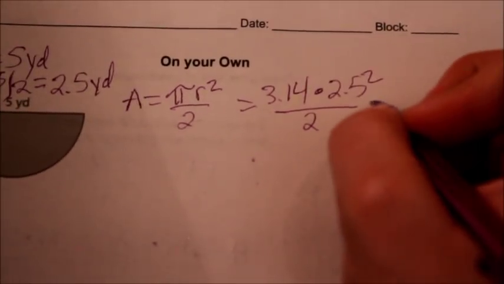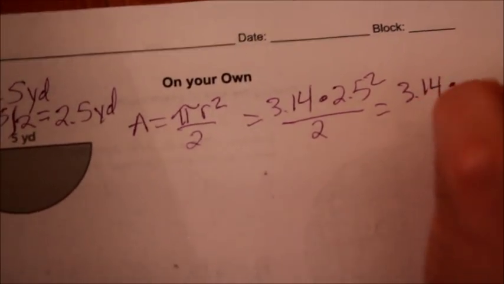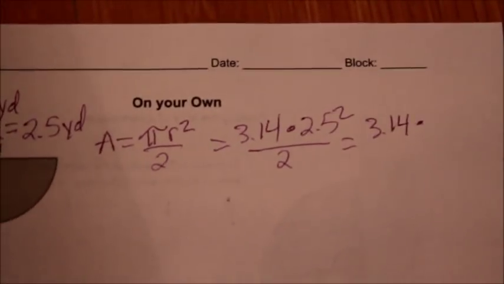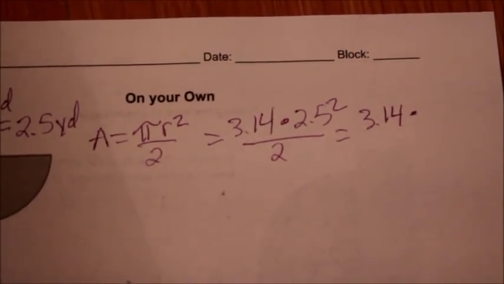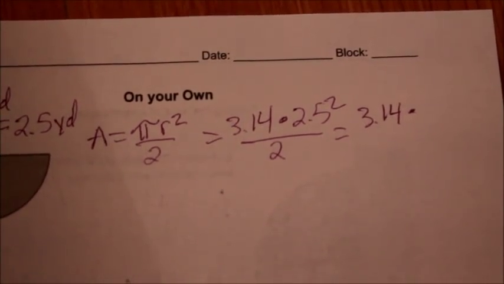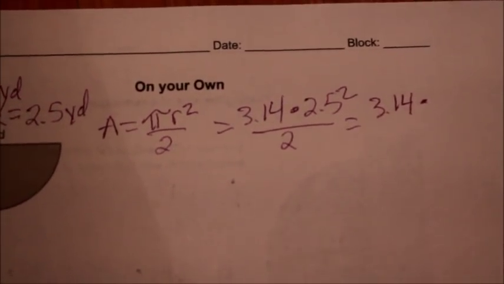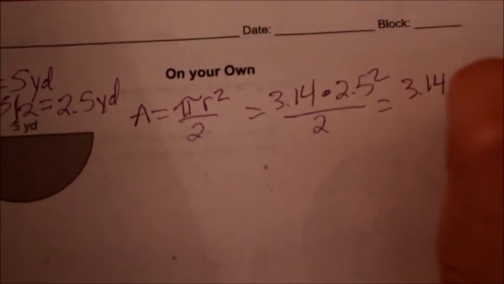So it's going to be 3.14 times 2.5 squared. I'll give you a moment to figure out 2.5 squared. 2.5 times 2.5. You should get that it's 6.25.